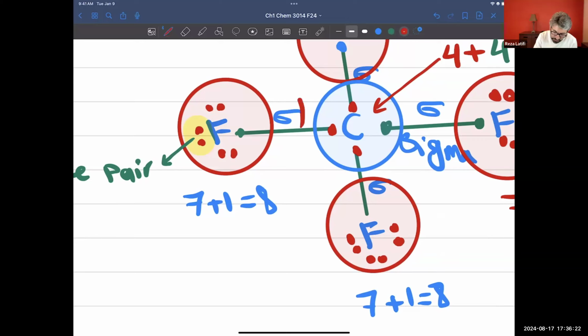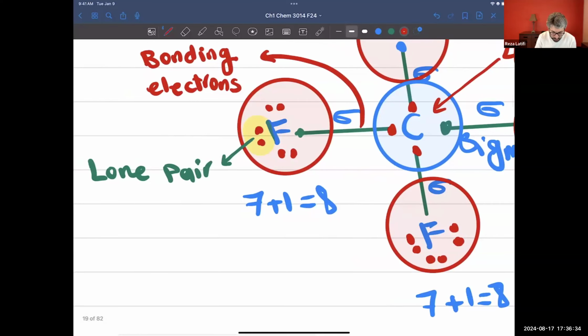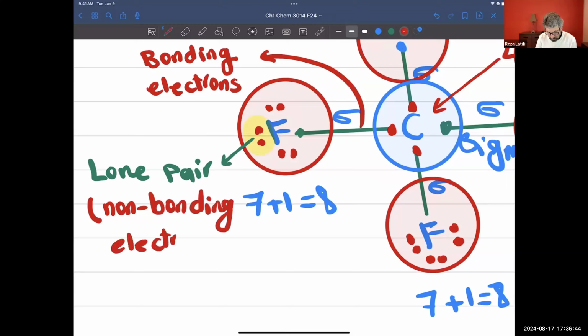We call them bonding electrons. The lone pair, sometimes we call them non-bonding electrons.